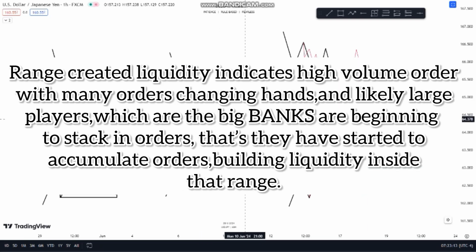A range created liquidity indicates high volume order with many orders changing hands, and likely large players, which are the big banks, are beginning to stack in orders. Thus they have started to accumulate orders, build in liquidity inside.